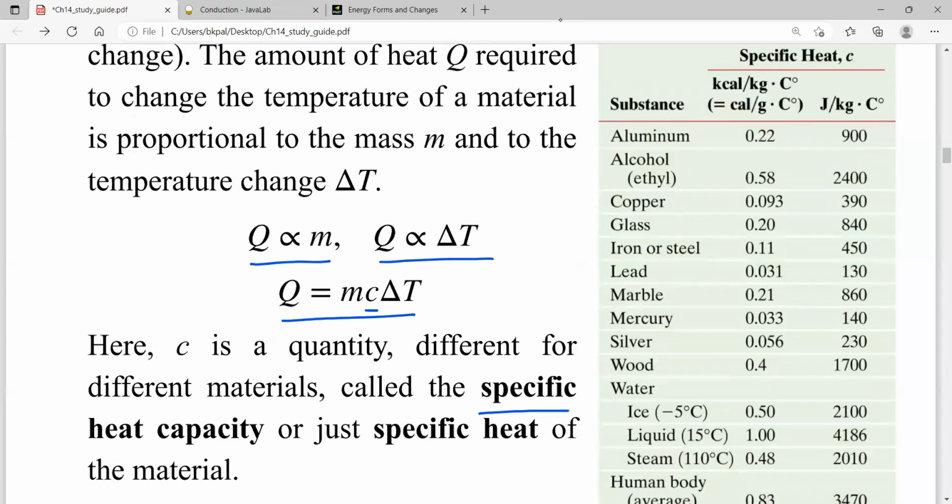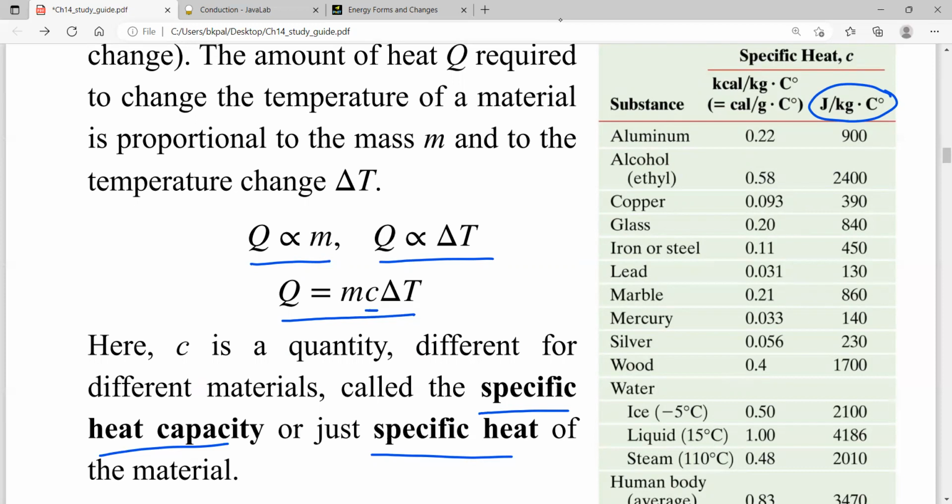It's called specific heat capacity or just the specific heat, and it is different for different materials. In the table on the right hand side, it shows the specific heat capacity for many materials, in two different units. Normally we are going to use these units. This is the standard international unit, and here you see that we are using degree Celsius.